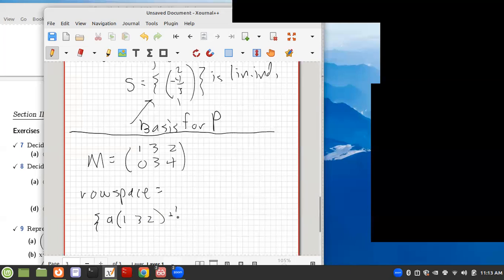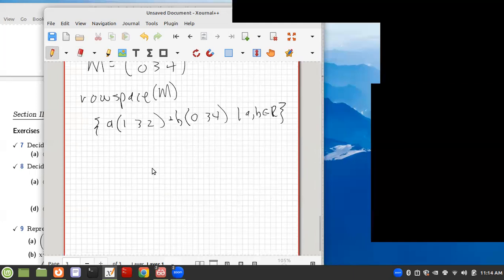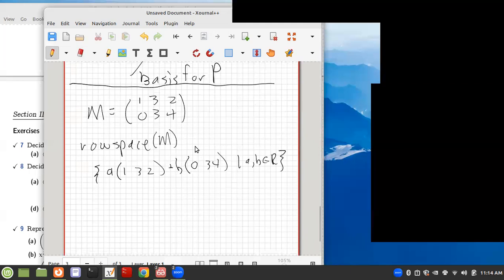Plus B times (0, 3, 4), such that A and B are members of R. So that's the row space, just the linear combinations of the rows where we take each row as a vector. So this is the row space of M.